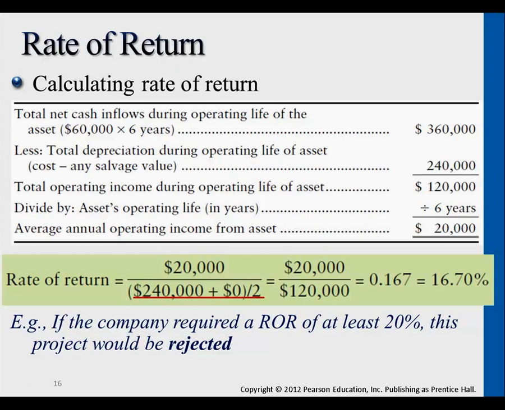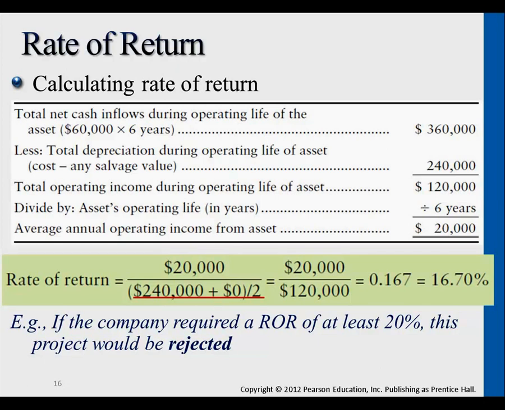Right? Okay. And then we divided it by the number of years, and we get our average annual operating income from the asset. And the way we find our total depreciation during that life of the asset, we take the cost and we subtract whatever we, right? But you take the net cash inflow, and you have to multiply it times the lifespan. You're not doing that for the problem that we're doing right now. You understand? You see what I'm saying?